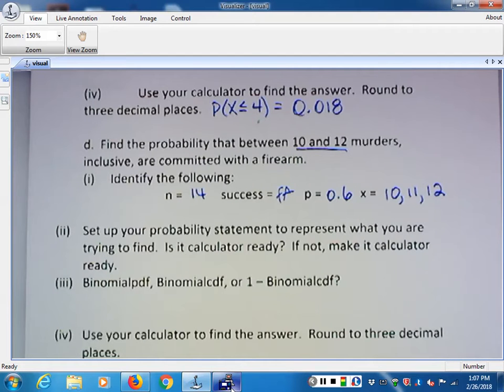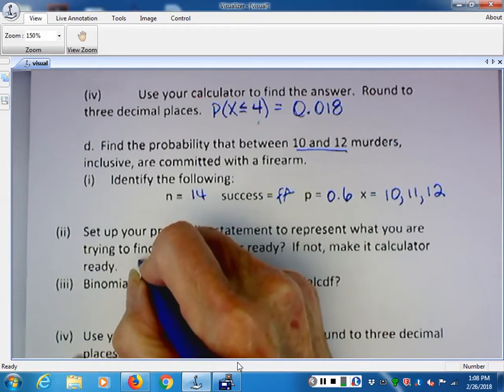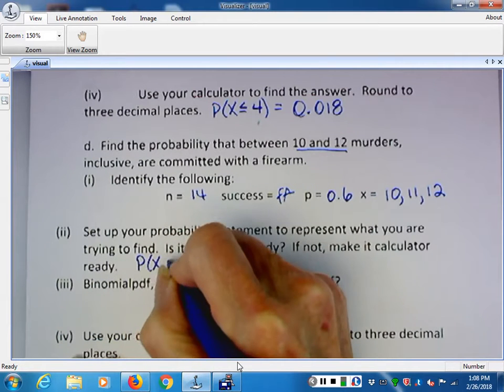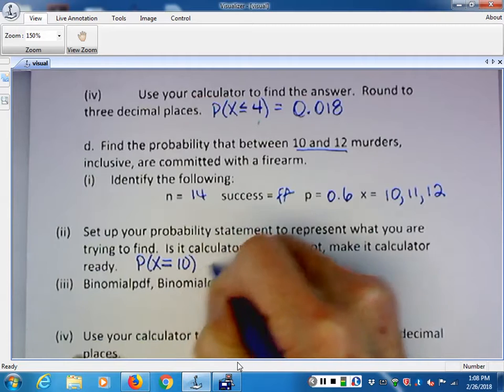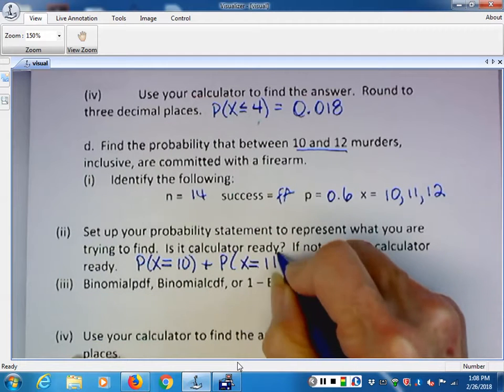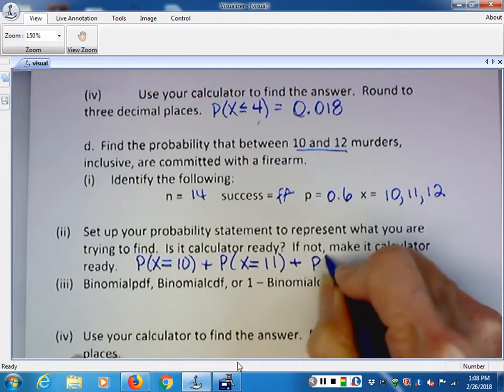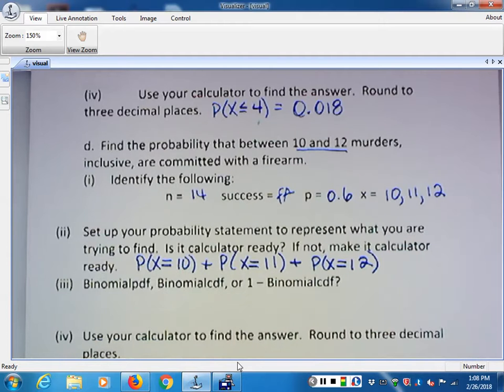If you only have 3 numbers, honestly, it is easier not to use CDF at all. If you only have a few numbers that you have to add up, you can do this one much more easily by finding the probability that X is equal to 10 plus the probability that X is equal to 11 plus the probability that X is equal to 12, and just add those all together.